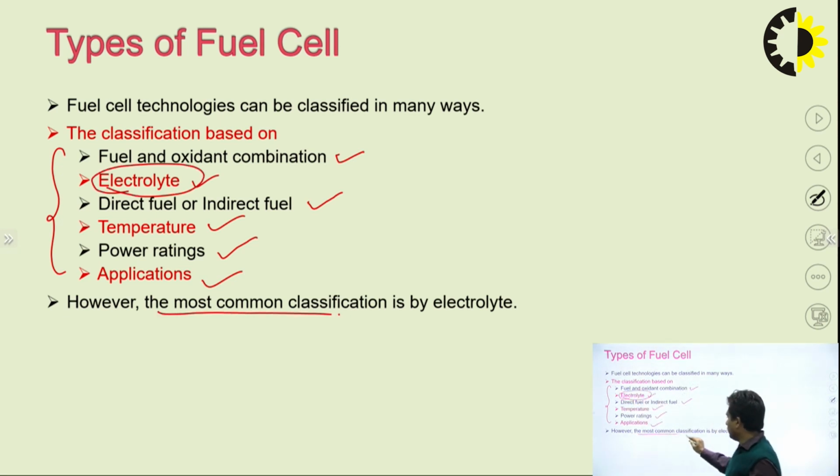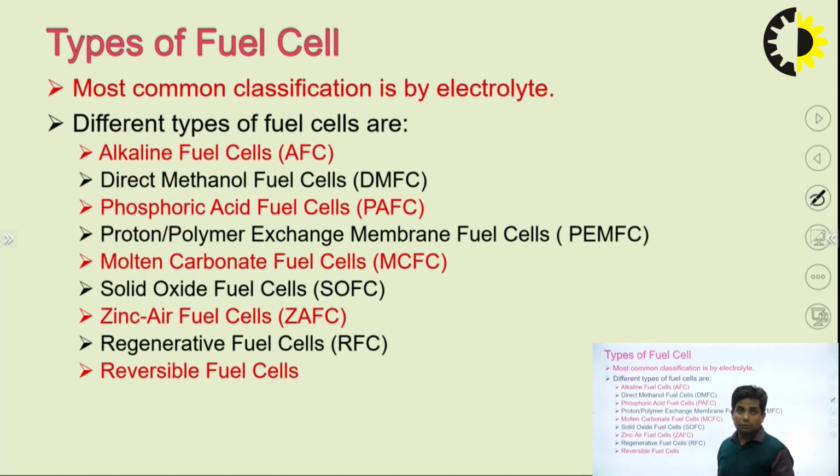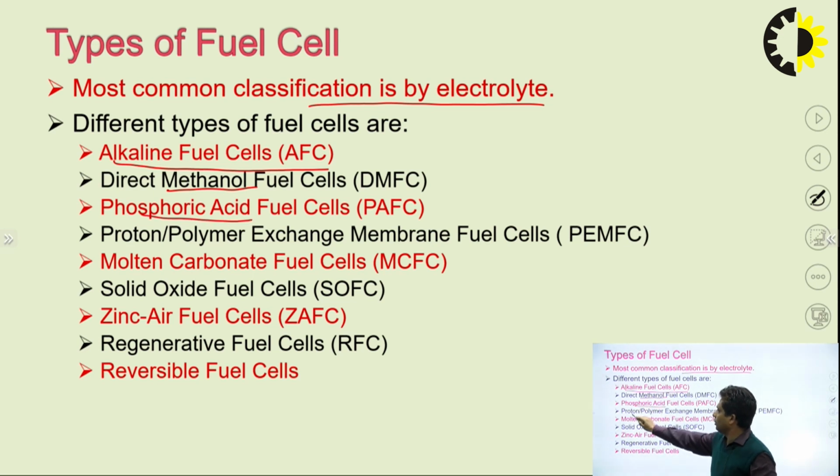So the most common classification is by electrolyte. Here the electrolyte can be alkaline, direct methanol, phosphoric acid, proton exchange polymer membrane, molten carbonate, solid oxide, zinc air, regenerative, reversible.